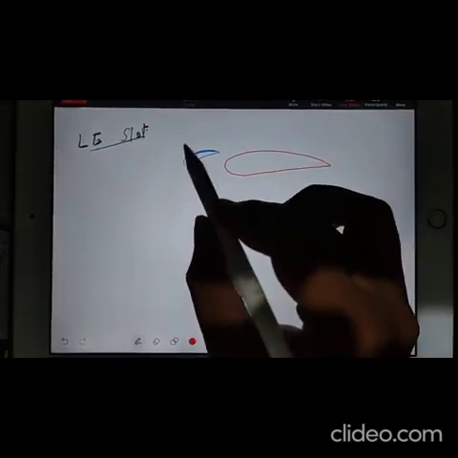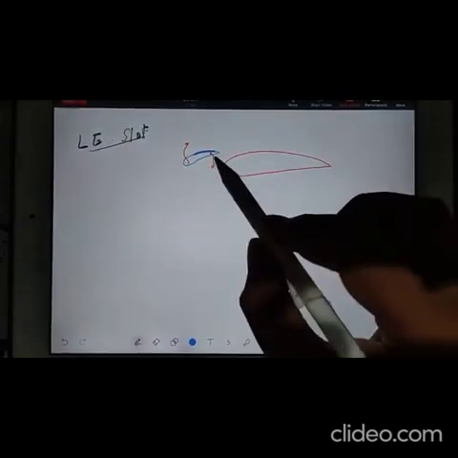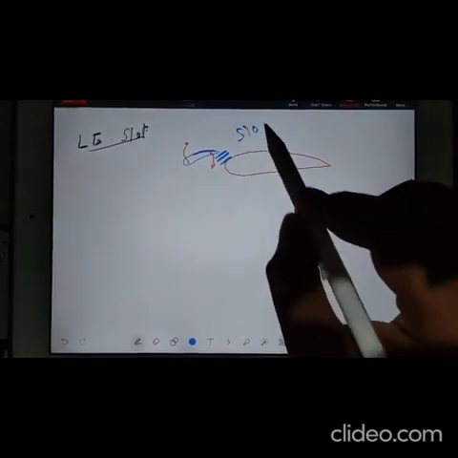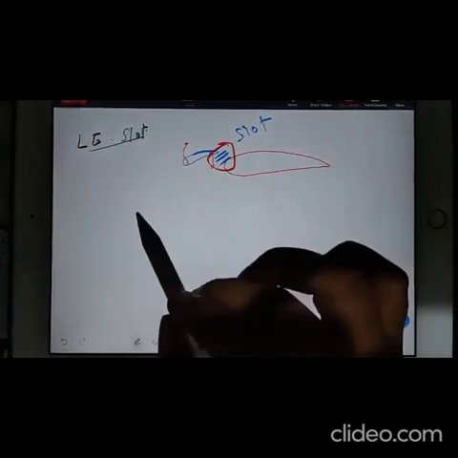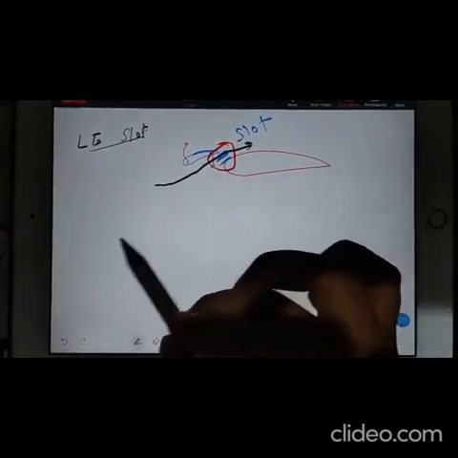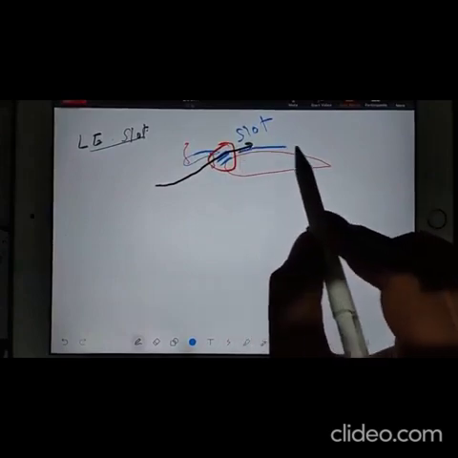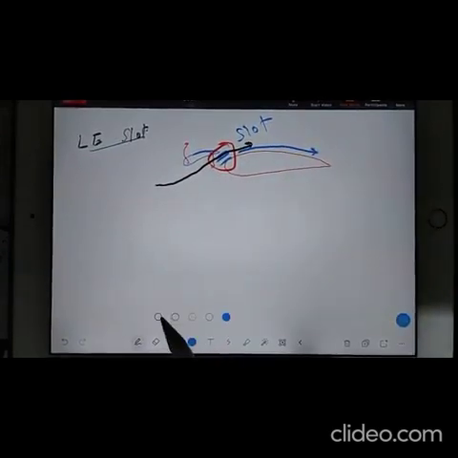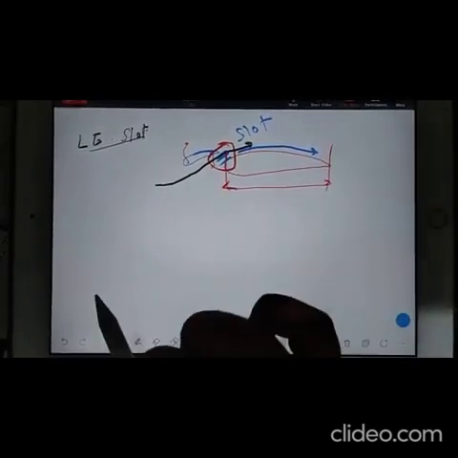So when this flap will operate, according to this operation, this hole, I mean the slot, gap, this area will change. Because of that, the incoming air through the slot will change. Because of that, energy of the molecules will change. In this entire phenomenon, you are not changing the surface area of the wing.